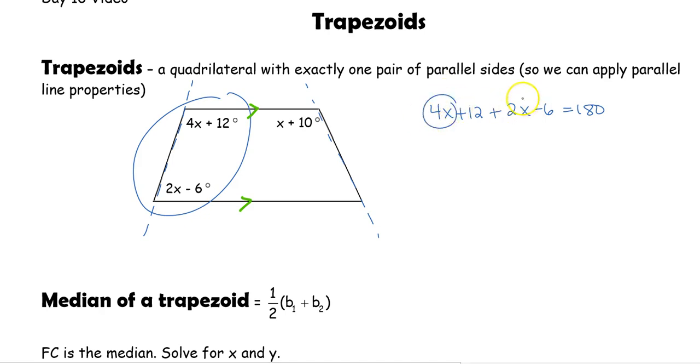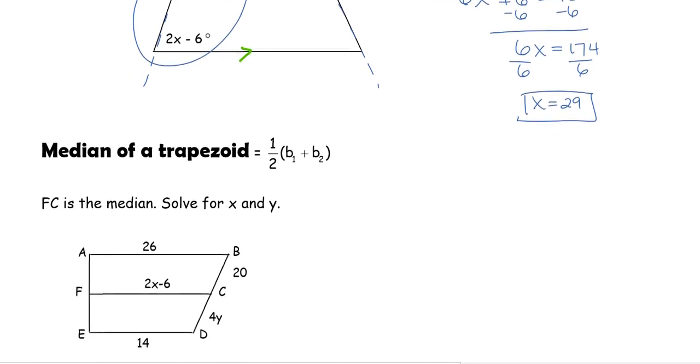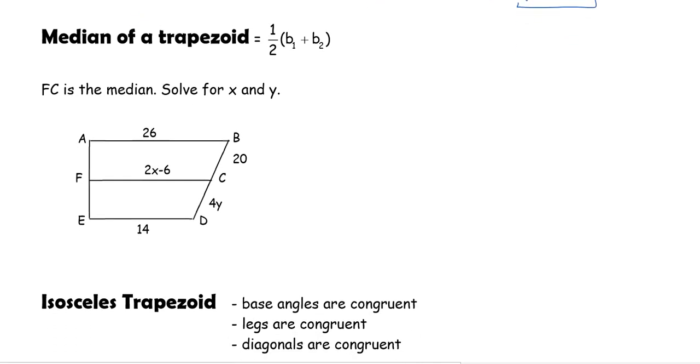We combine our like terms, 4x and 2x is going to be 6x, 12 minus 6 is 6. We move the 6 over, giving us 6x is equal to 174, divide by 6, and x is equal to 29. So again, even though we don't have two sets of parallel lines, one's good enough to use that transversal to get those same side interior angles.